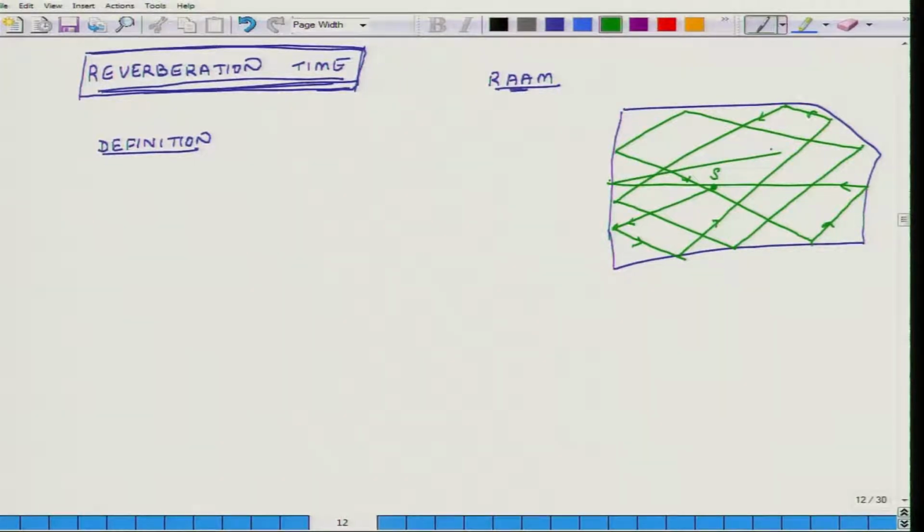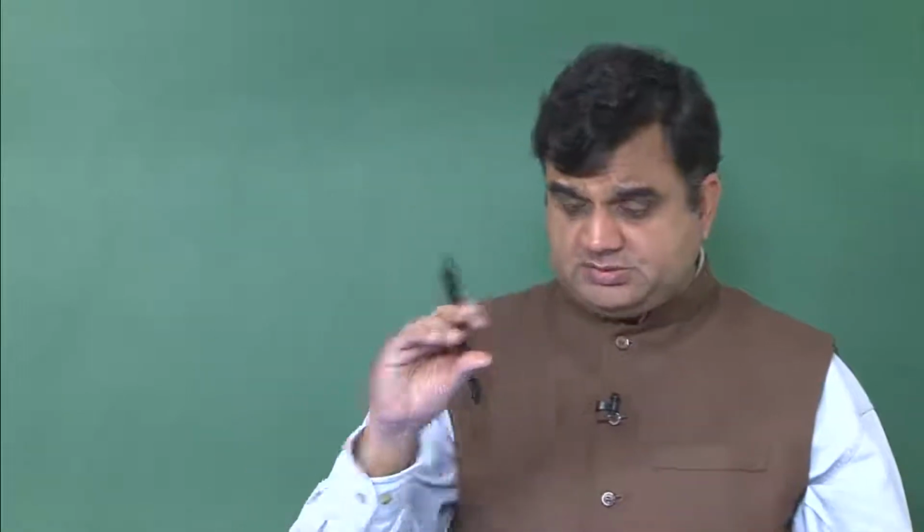Sound is starting from point S and it is travelling, and while it is travelling some of that sound gets absorbed as it travels through air, because air absorbs some sound energy. It does not absorb a whole lot of energy, but it absorbs.